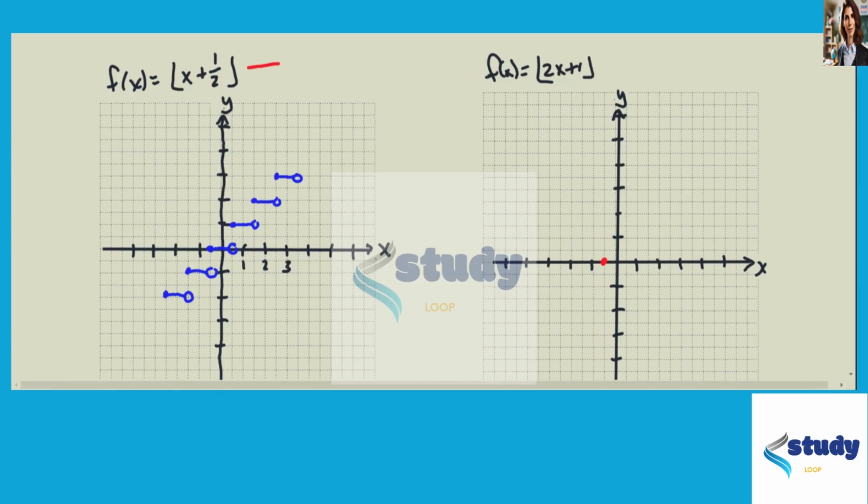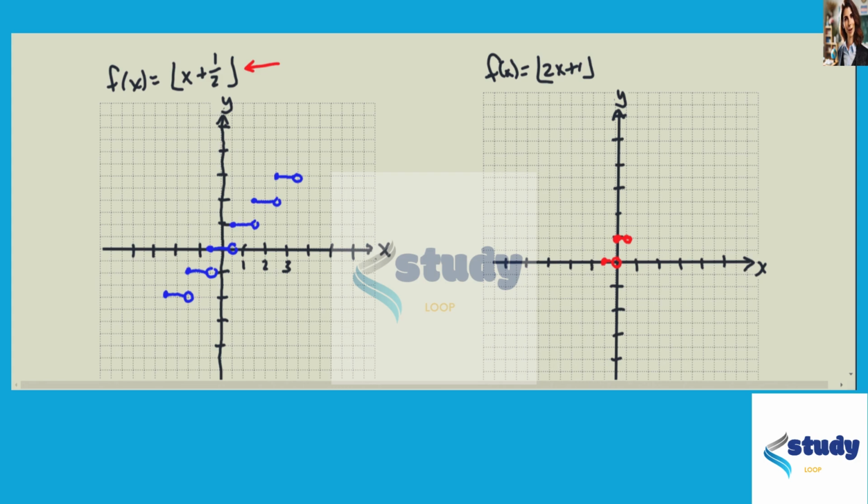So in this first one, x would go up 1 unit and the y would go up a unit when x goes up a unit. Here, my function is going to increase by a unit when x increases by a half. So it's going to be smaller steps. Okay, when x is 0, the value is going to be 1. And it will stay there until x equals 1/2.